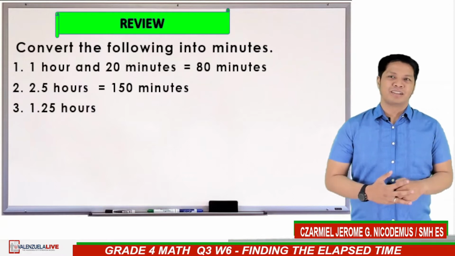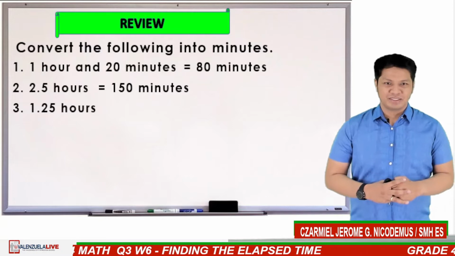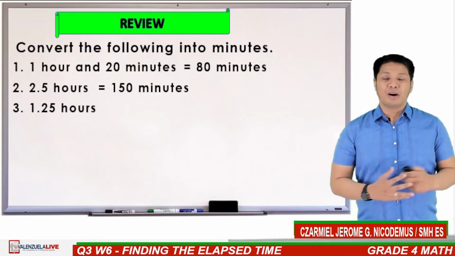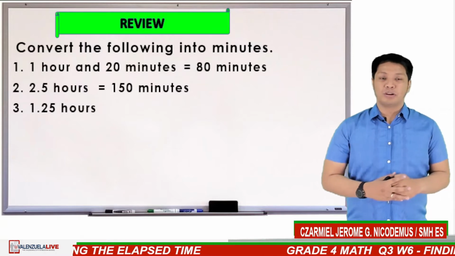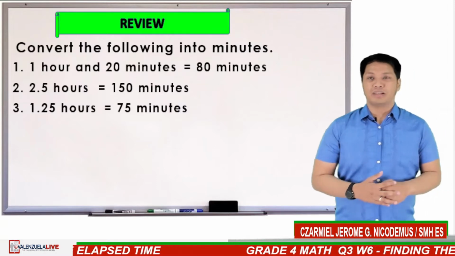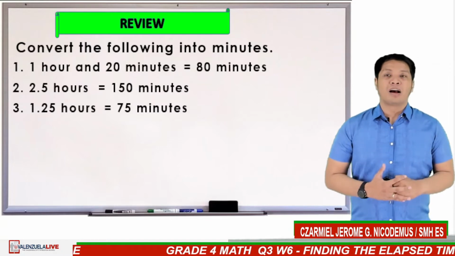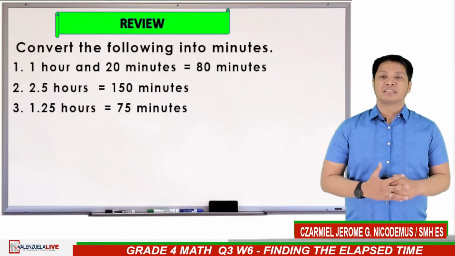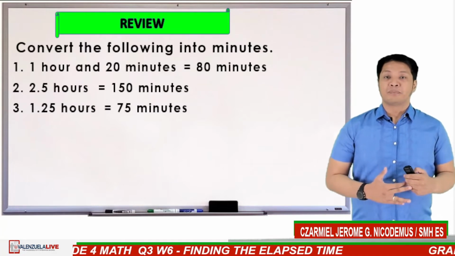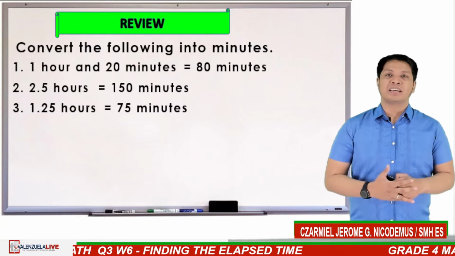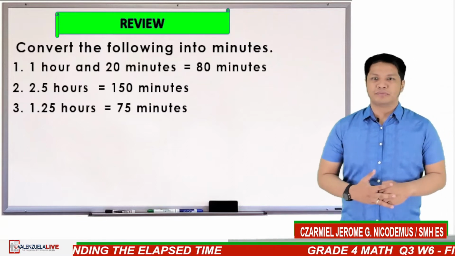Number 3, how many minutes are there in 1.25 hours? 1.25 hours is equal to 75 minutes because 1 hour is 60 minutes and 0.25 hours is 15 minutes. So 60 plus 15 equals 75 minutes.